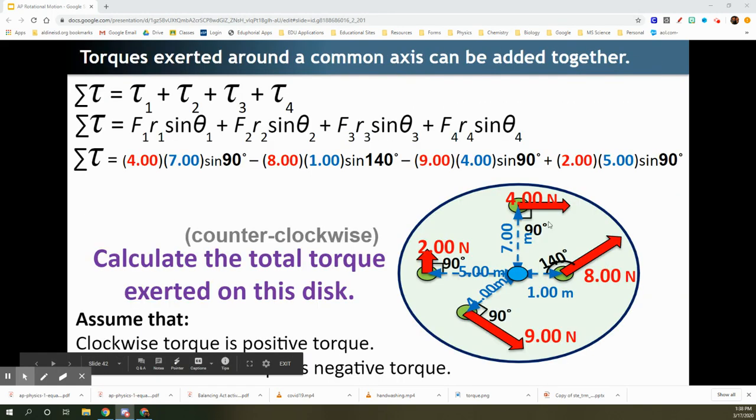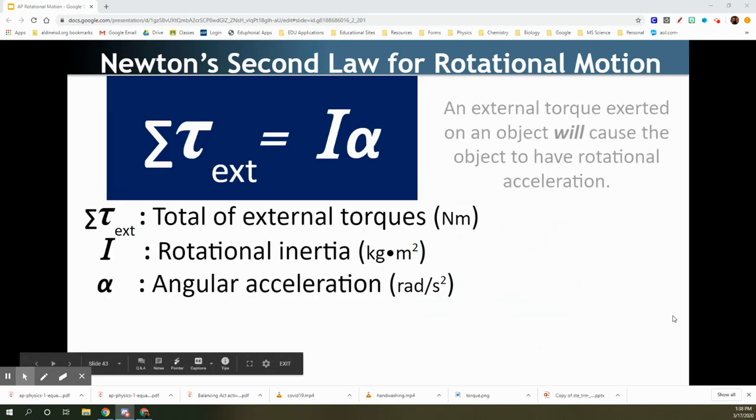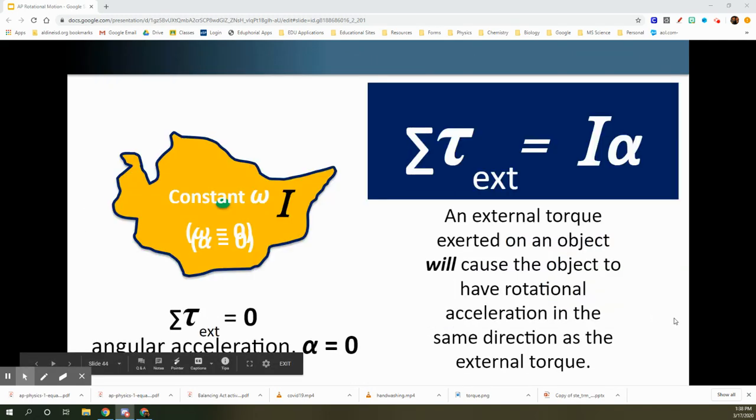This whole thing is a system that had 4 torques on it, so we're looking at the angular acceleration of the system. Good question, though, because that brings back that whole topic of the system.